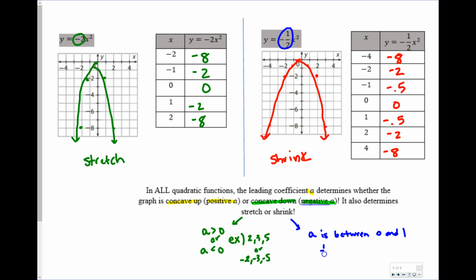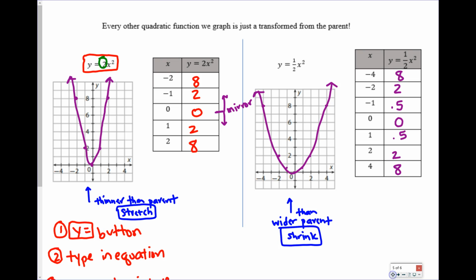So things like 1/2, 0.5, 3/4, 0.7, but not something like 1.2, because 1.2 is bigger than 1. You probably won't see that. A has to be between 0 and 1 for it to be a shrink. Notice that this is 1/2, and on the other page we had a positive 1/2, so that also made it a shrink.